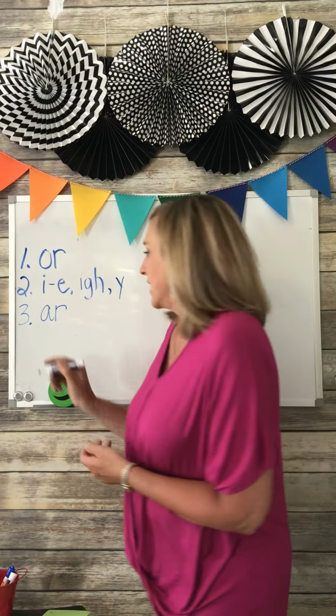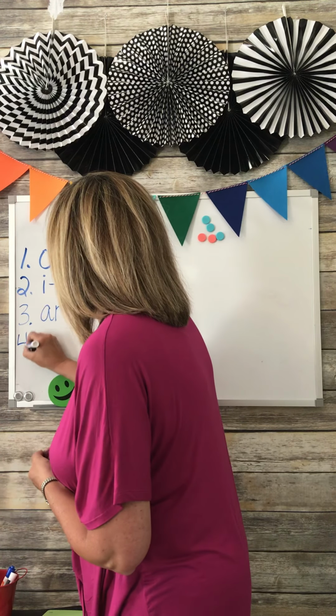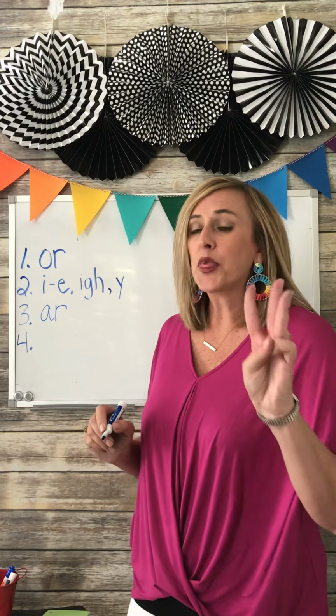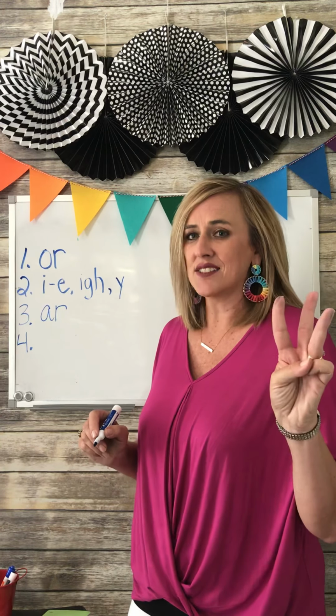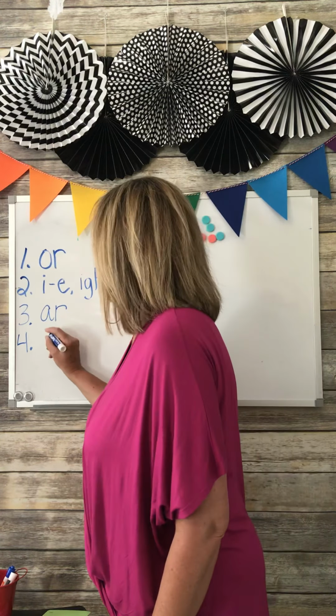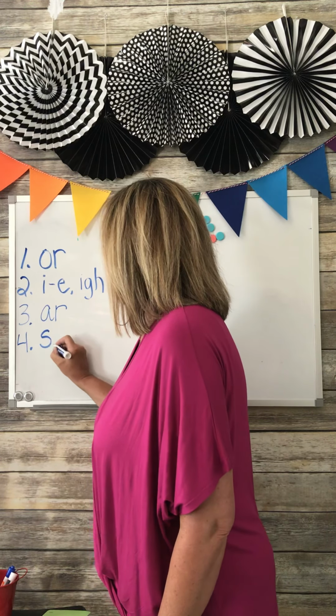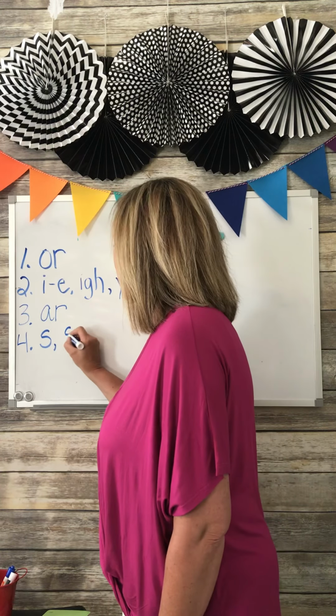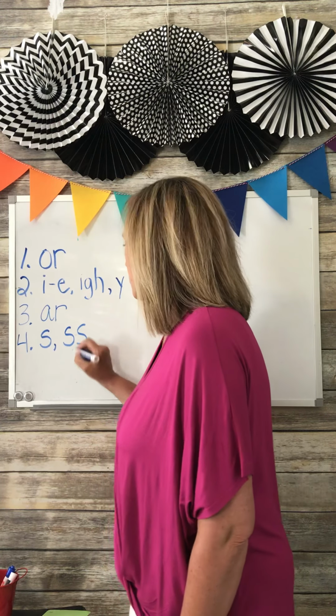The 4th sound is the S sound. And we've learned 3 ways to make that S sound. The first is just S by itself. The next way to make that sound is SS. We call that a floss rule.